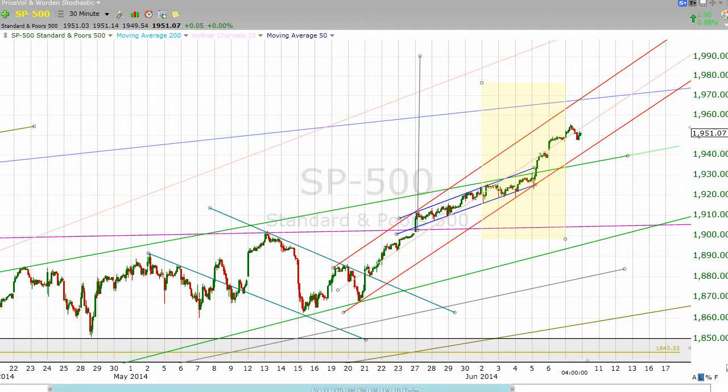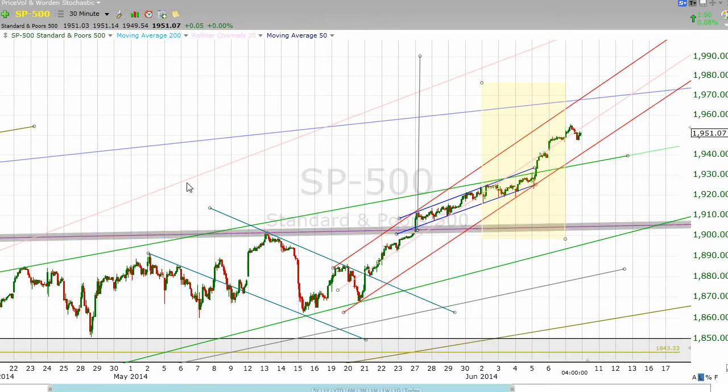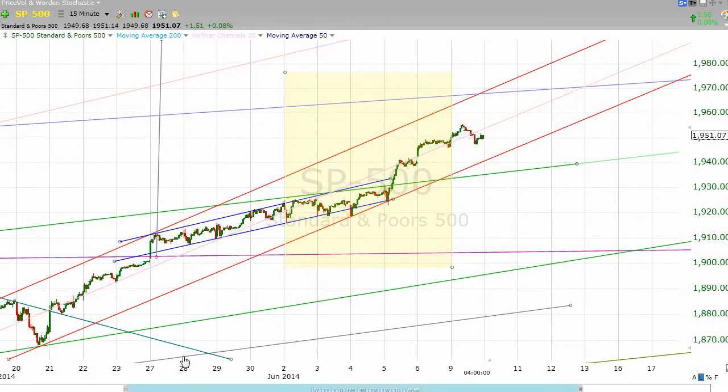Well, today was essentially a flat day, and you can see that we've identified a rising channel here between these two red lines. Additionally, we identified what we'll call a midline right here.